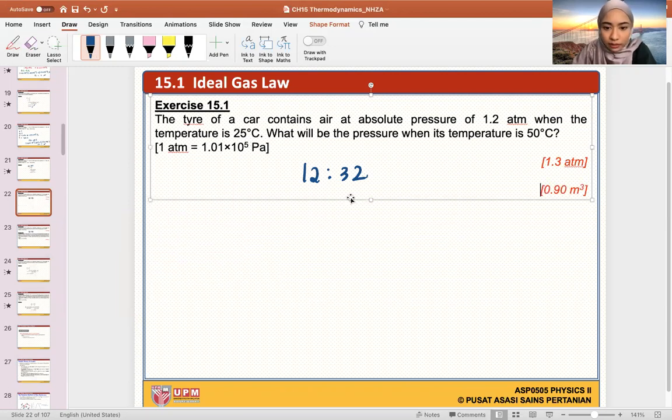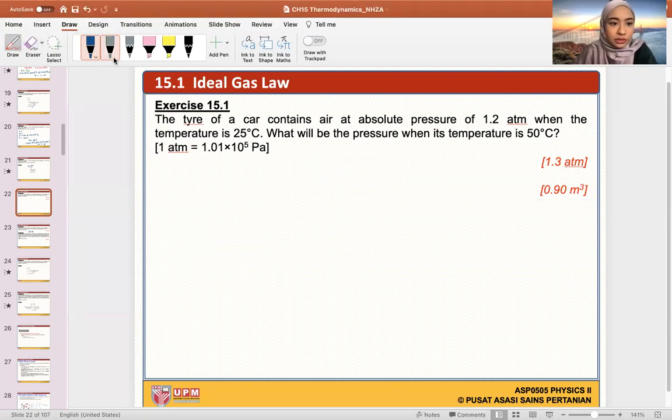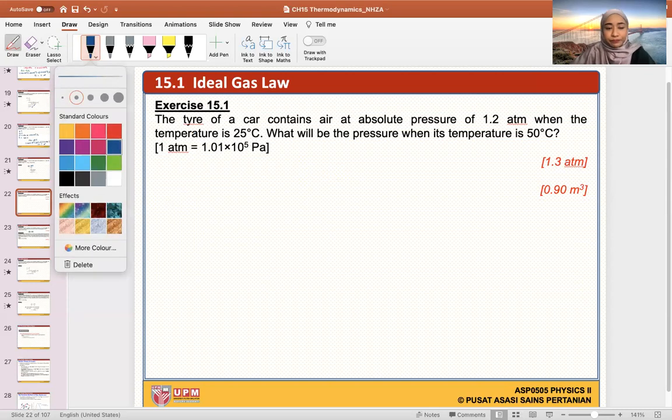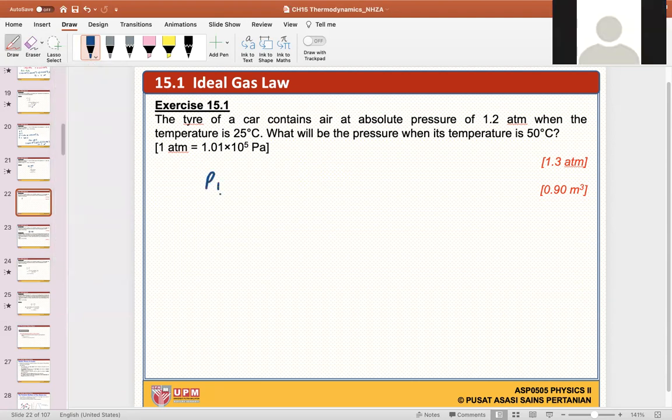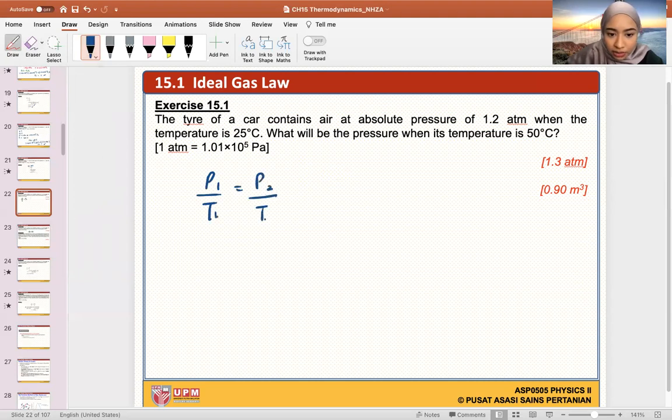Let's solve it. Did you get the answer? Yes. Okay, that's good. So what was the equation that you used for this question? P1 over T1 equals P2 over T2. Okay.